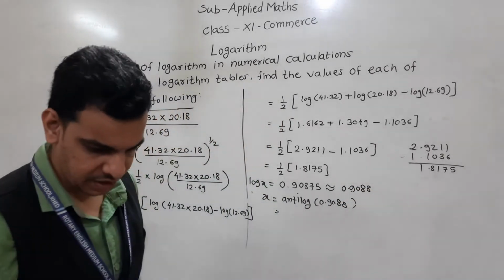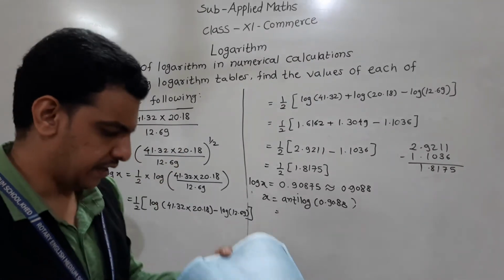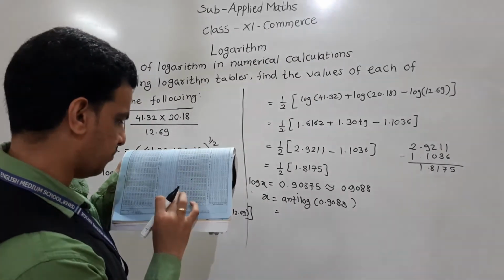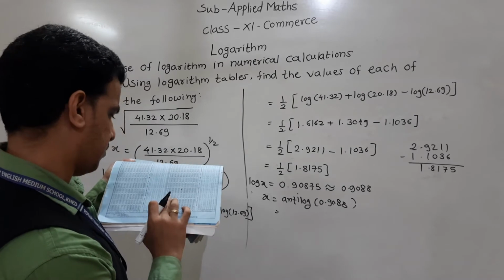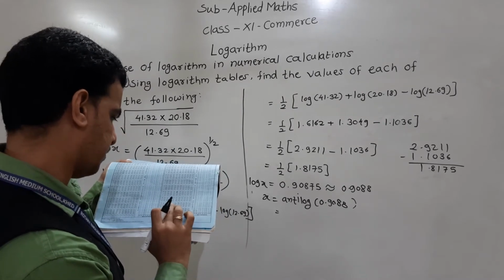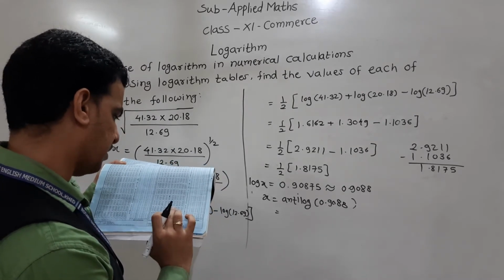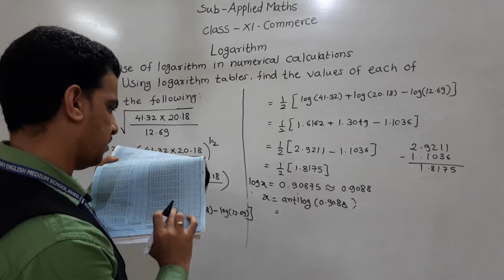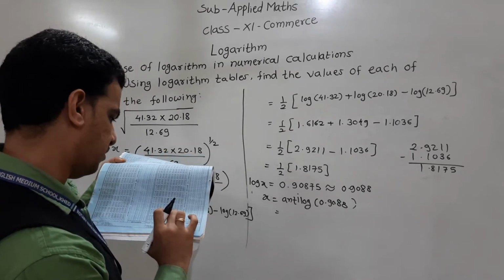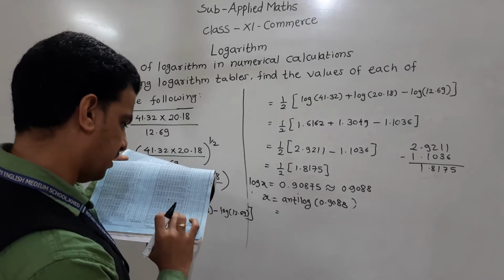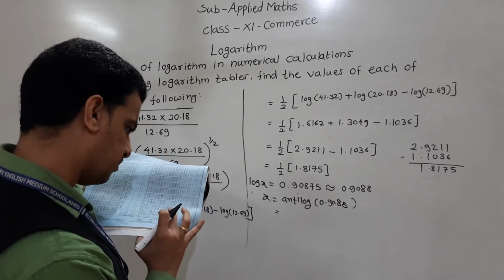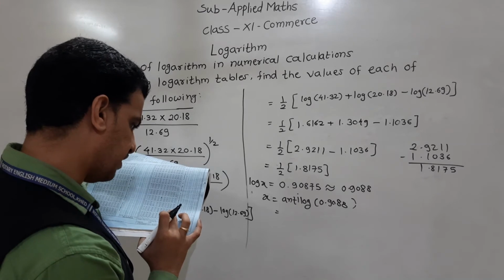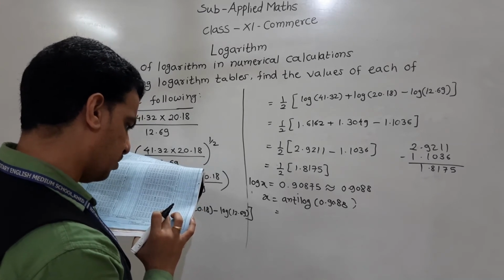Okay, so in antilog table and in 19th row, number in column headed by 8, it is 8091, and again in differences column it is 15.